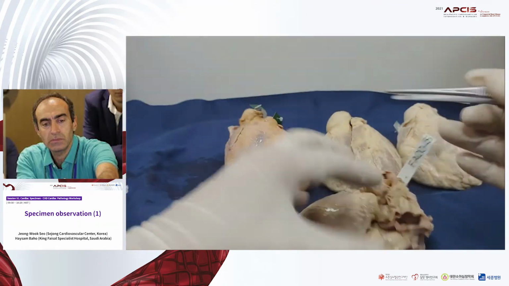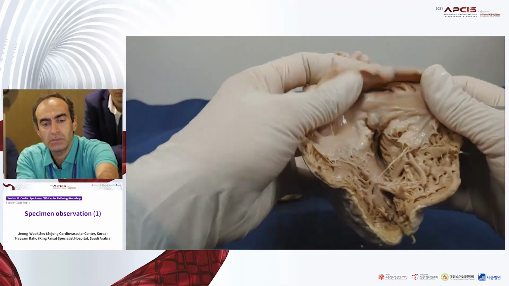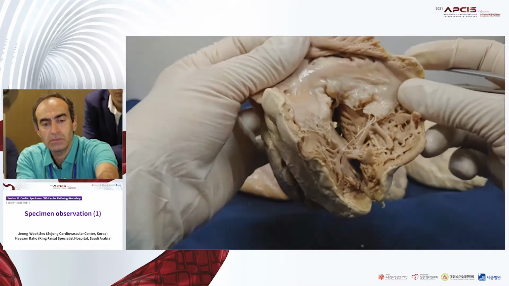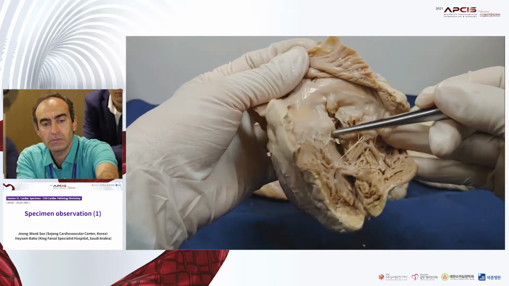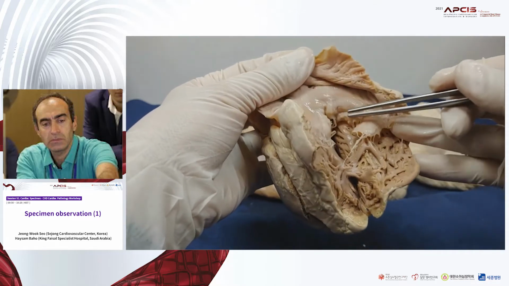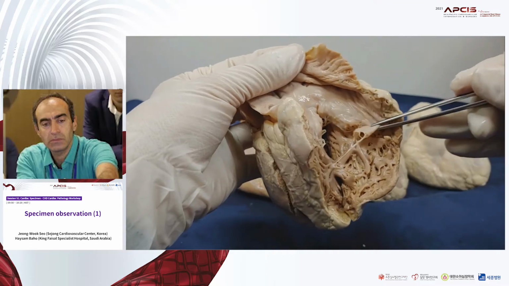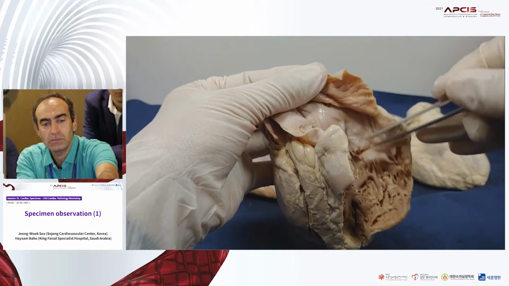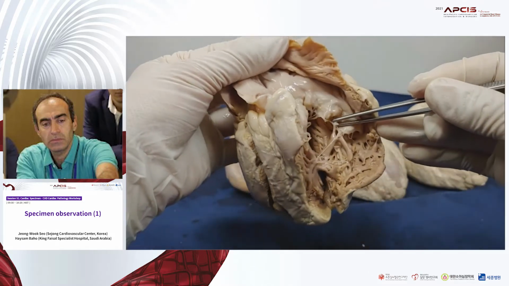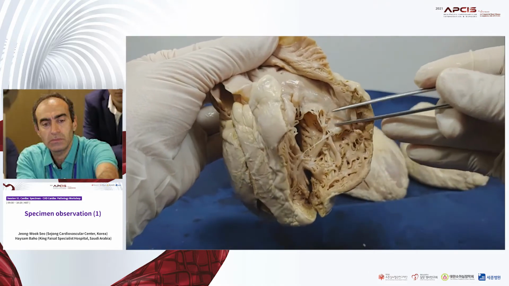Looking at the tricuspid valve, it has 3 leaflets. This is the septal leaflet, and this is the anterior superior and the posterior inferior leaflet. Between these two leaflets, there is a papillary muscle that is called the anterior papillary muscle.